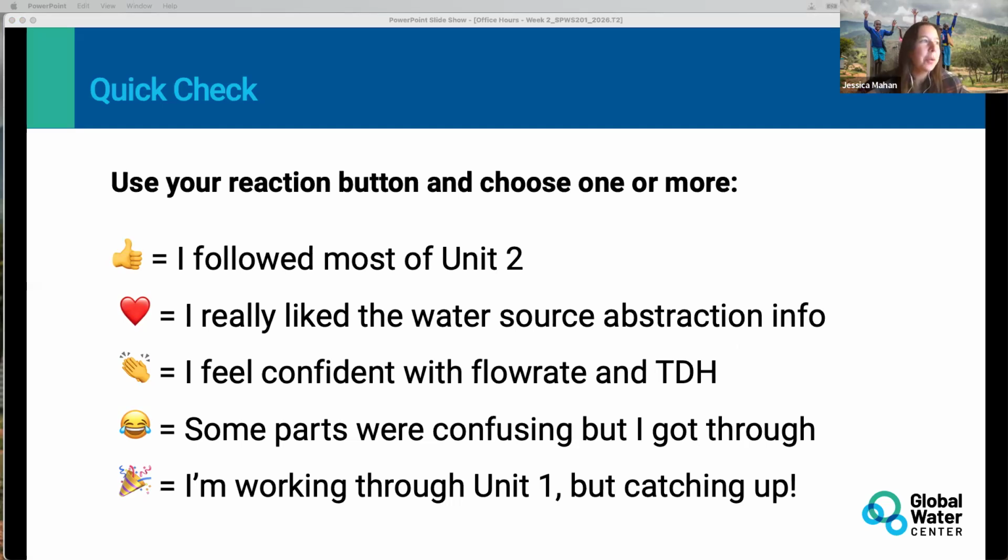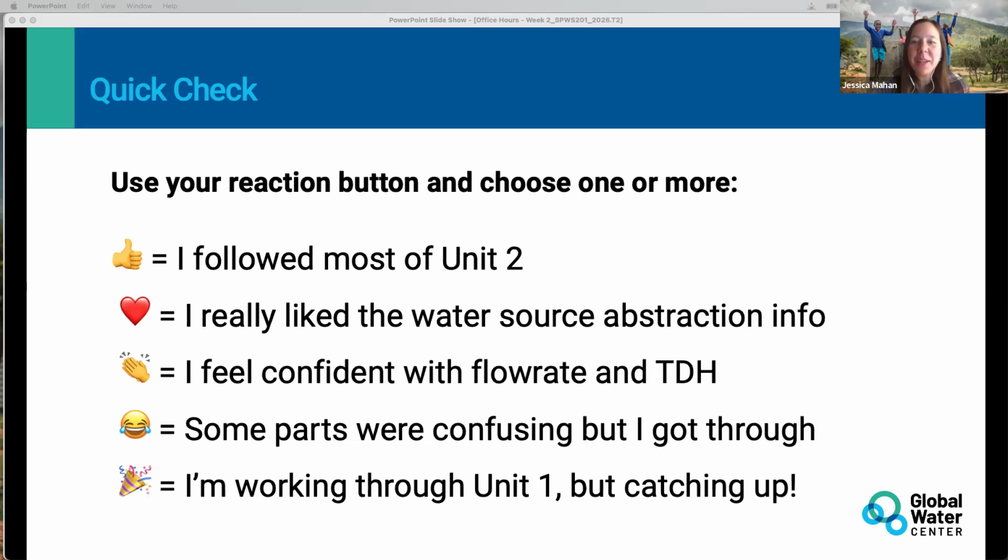We've got some votes for we really like the water source abstraction. That we've gotten through most of Unit 2. That's good to hear. Okay. Some of us are still working through Unit 1. That's okay. You have time to catch up. Some parts were confusing. Yes, that's very true. Got some confidence.